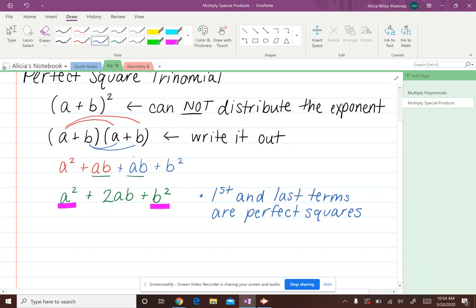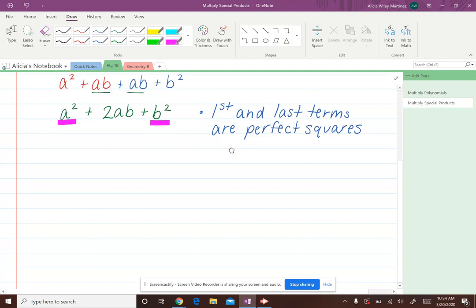You see how you get the same exact term twice, right? So that means that the outside and the inside products will be exactly the same.